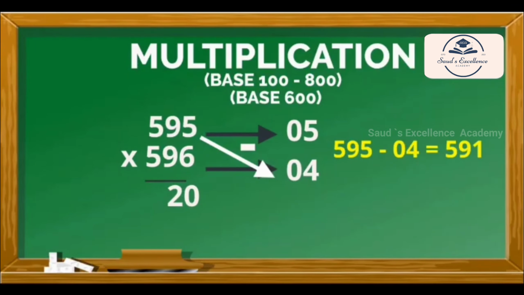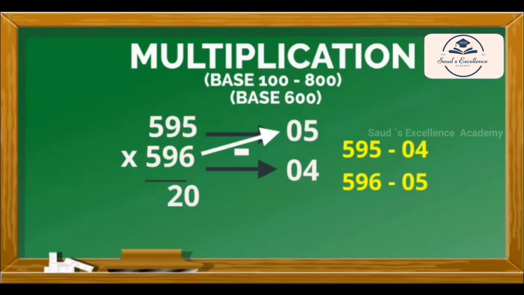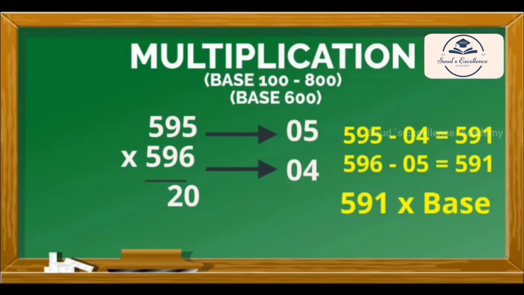Now we subtract crosswise: 4 from 595, and 5 from 596, both give the same number, 591. Now we multiply 591 with the base.